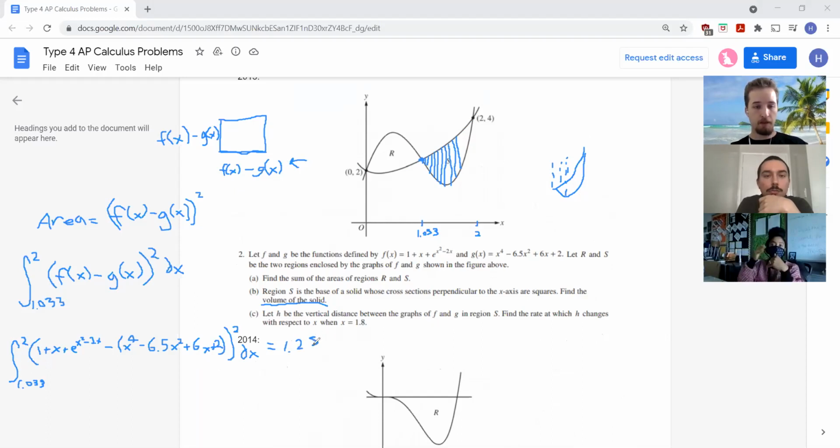And that's part B. Okay. As I said, once you are able to get this integral, this becomes a lot easier. Okay. So we're ready to go on to part C.